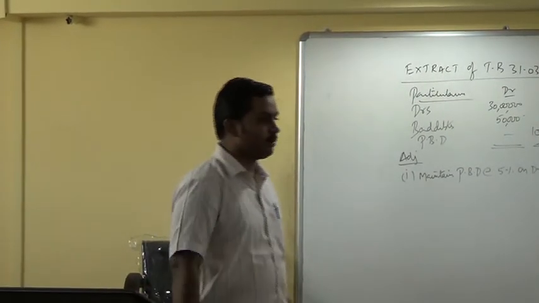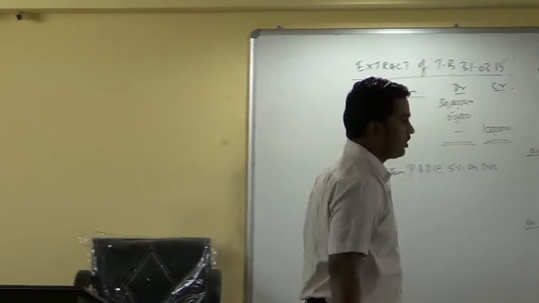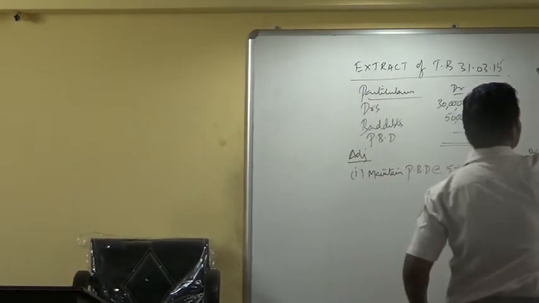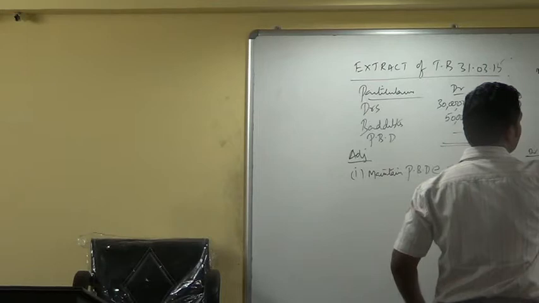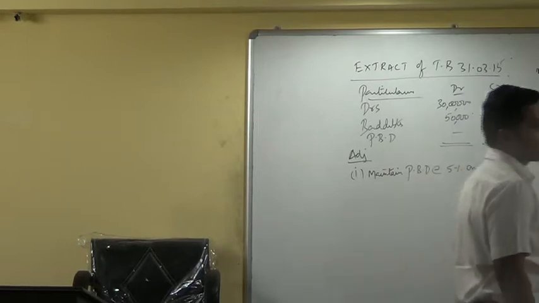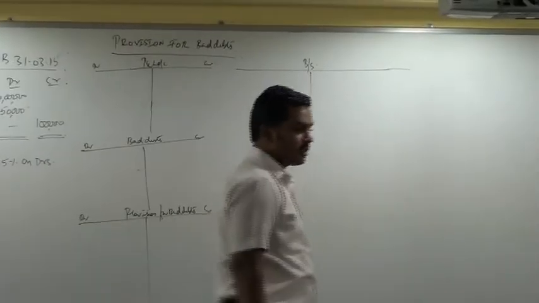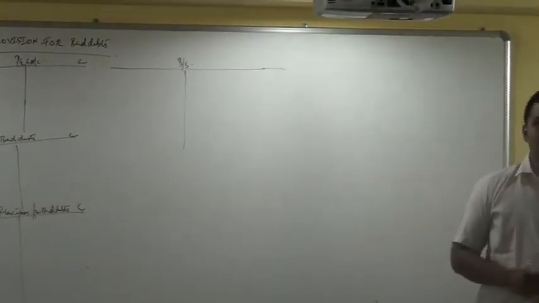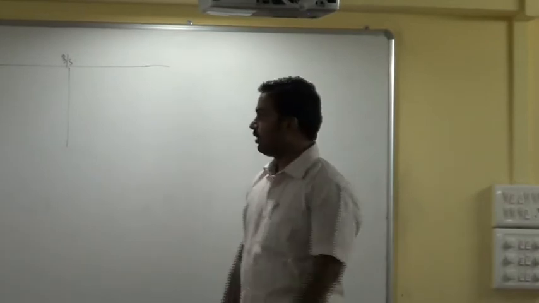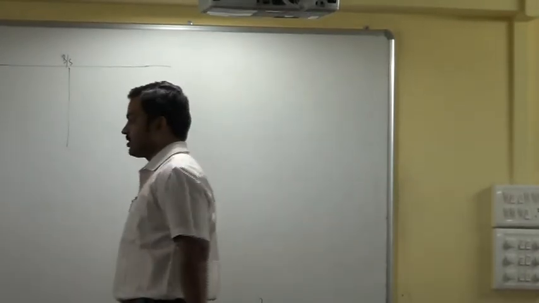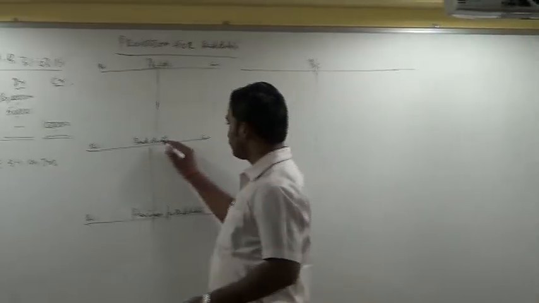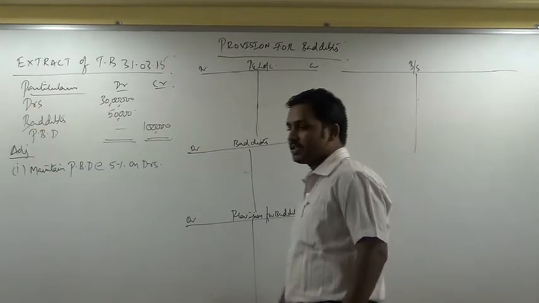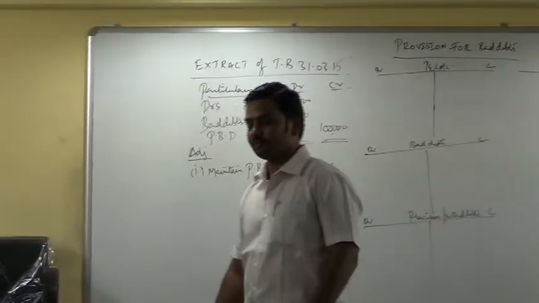Now how to complete this problem? Again open the same accounts. Profit and loss account, bad debts account, provision for bad debts account, and then balance sheet.